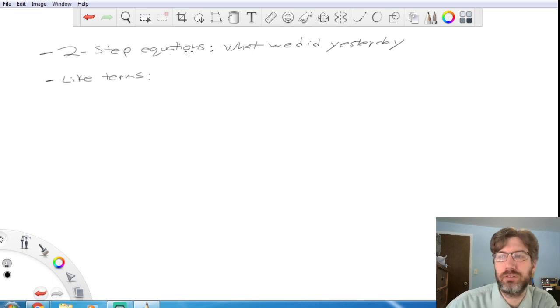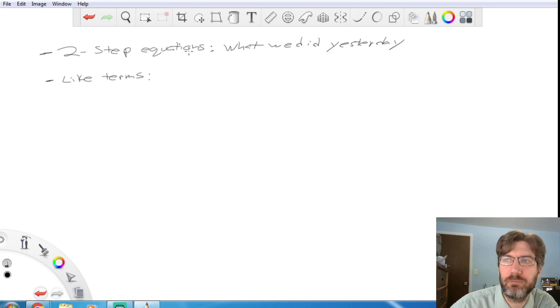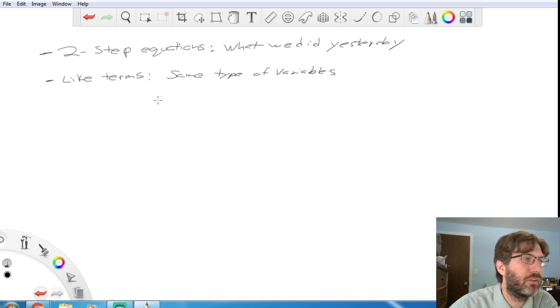And I'd like to spend the first minute or so here going over combining like terms. It's probably been a while since you've done it. And again, a like term is going to be terms that have the same type of variables. And these include terms like, hey, I can combine x with another x.